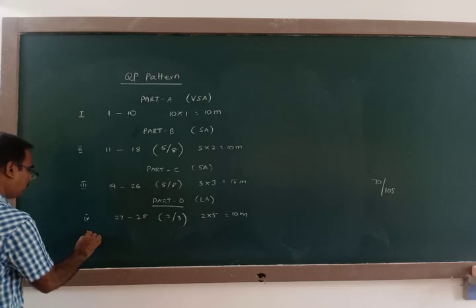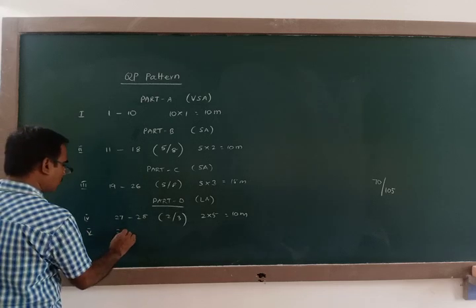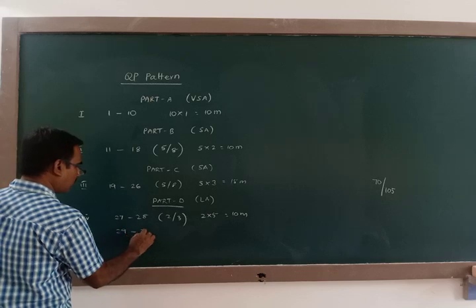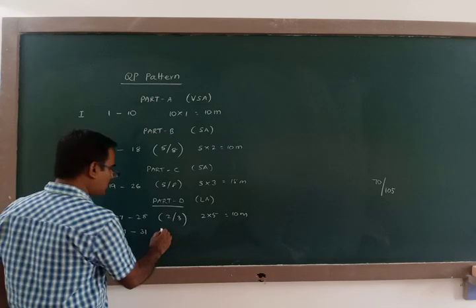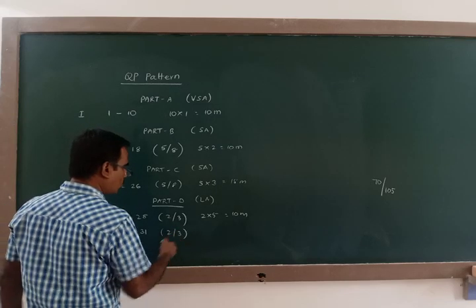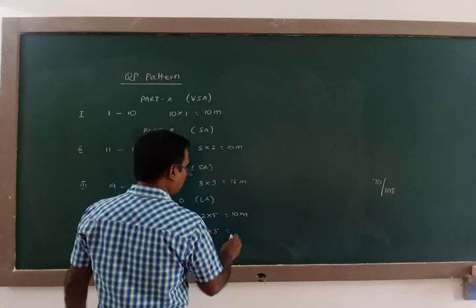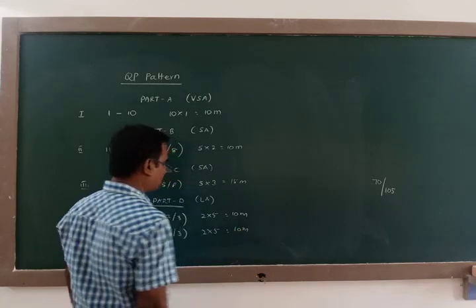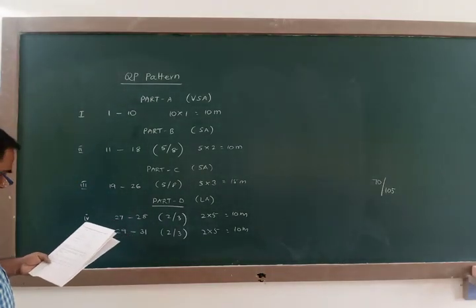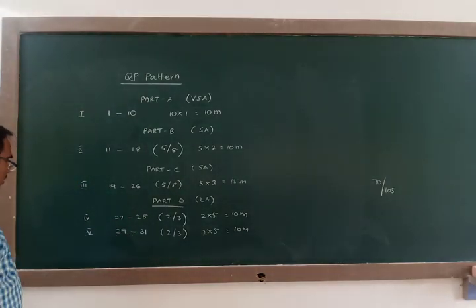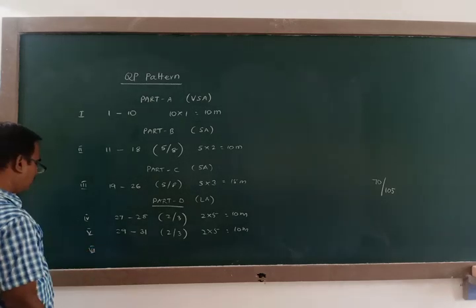In question number 5, here also you have 3 questions, 29, 30, 31. Out of these 3, again you have to answer any 2. Each question carries 5 marks. So this is for 10 marks. And at last, question number 6.